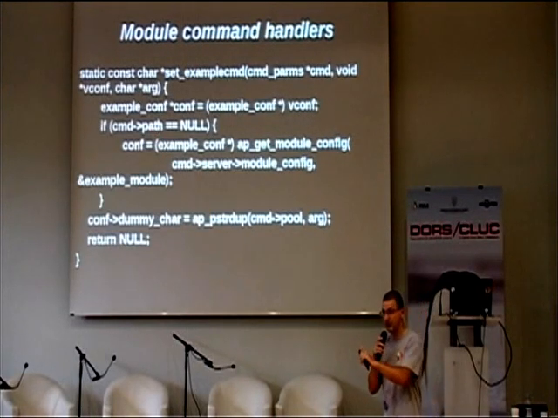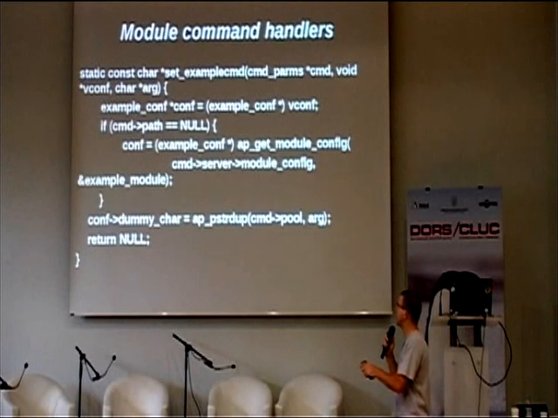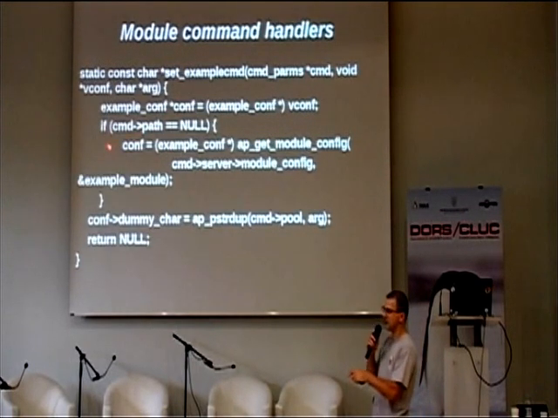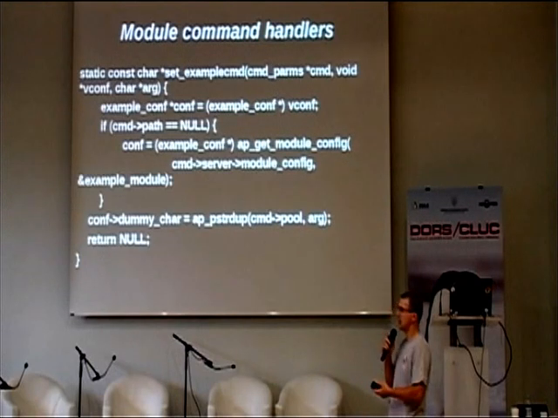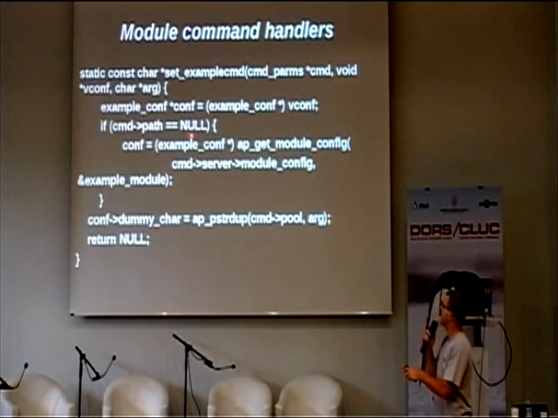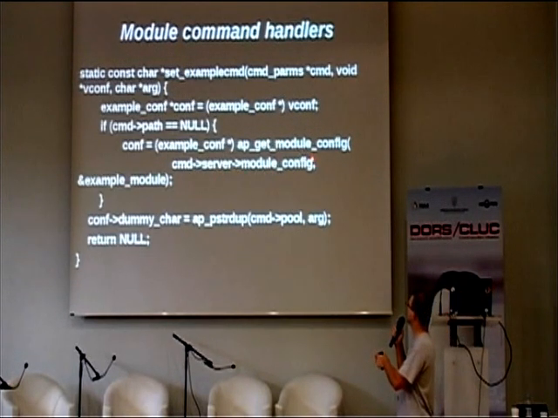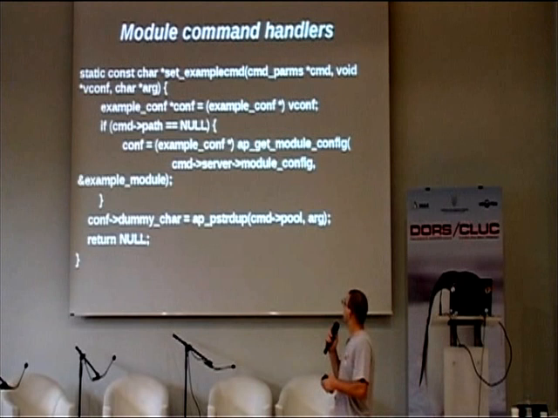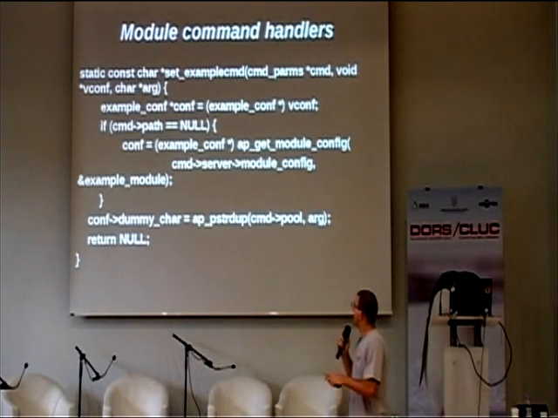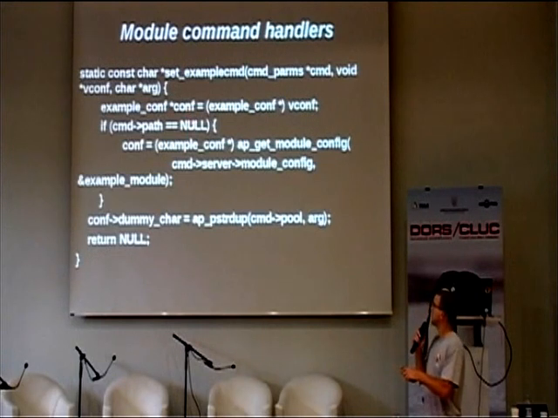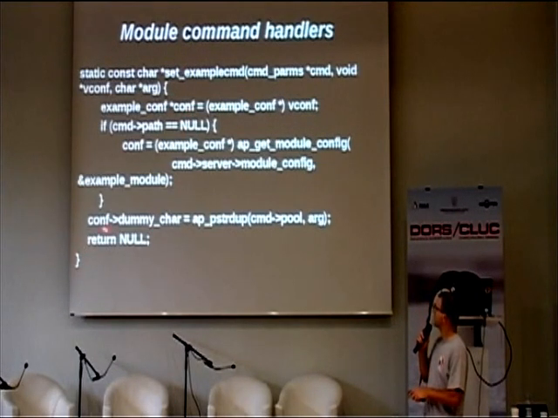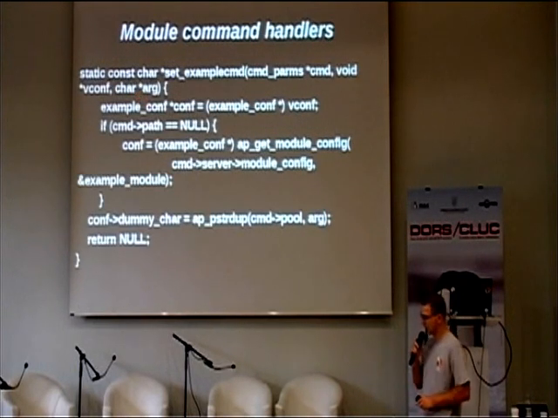This was used to see the file, but now it's only used to check if this is a configuration from within the directory or from the whole server. So if the path is null, you have a directory config, and you can replace it with the server config from here with this simple function. Then after you have a configuration pointer, you can attach to this configuration pointer, to the option of this structure, your argument that you have read from the configuration file from here.